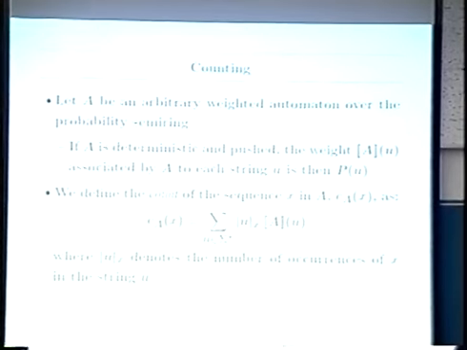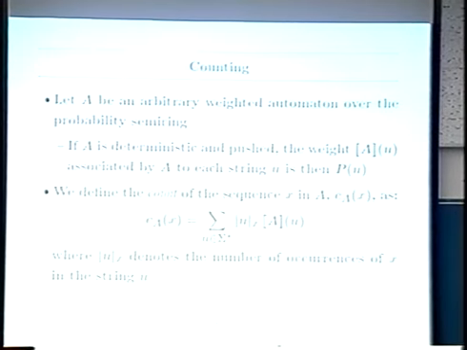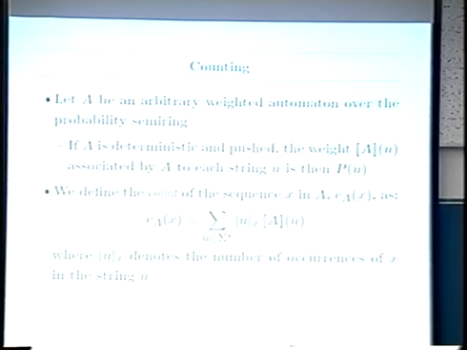The probability mass is going to be 1, and it's renormalized. We define the count of any sequence x in the automaton with this formula, where we have the weight, essentially the probability of a certain path, and the number of times the substring x appears in the path u. This can be computed in a very simple way.